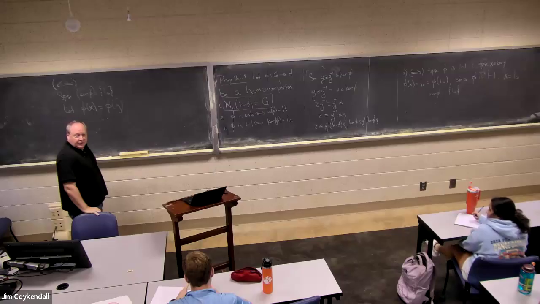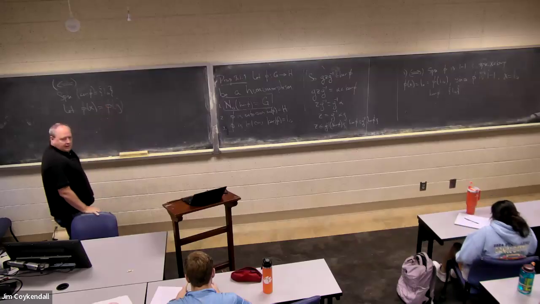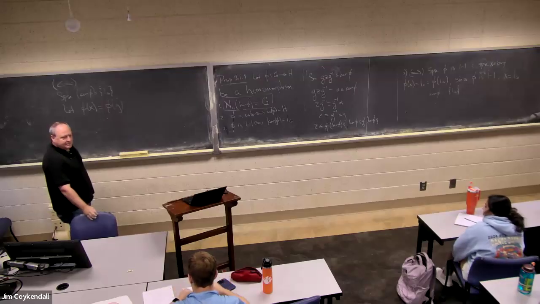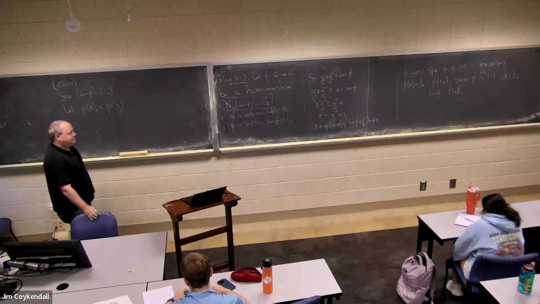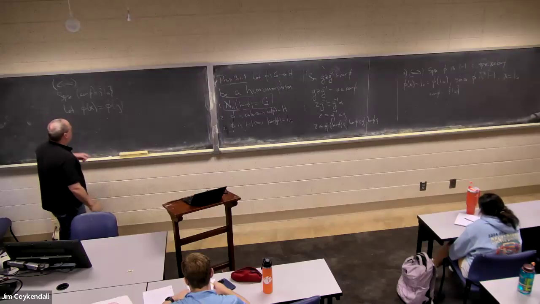Suppose the kernel of phi consists only of the identity, and suppose phi of x equals phi of y. It is our burden to show that x and y are the same, right? How might I do this? Take the inverse of both, phi of y inverse on both sides.